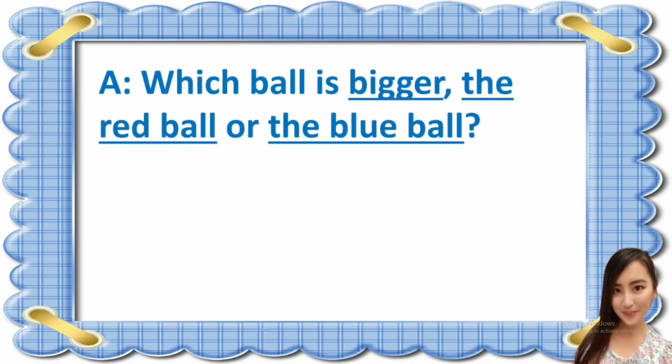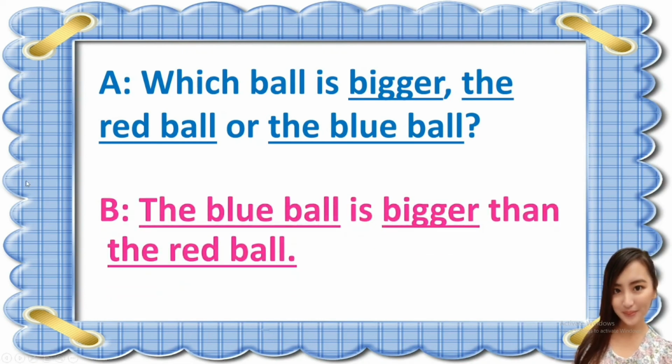Which ball is bigger, the red ball or the blue ball? The answer is the blue ball is bigger than the red ball. So the comparative form is B-I-G-G-E-R, bigger. Double the final consonant because big is a CVC word.